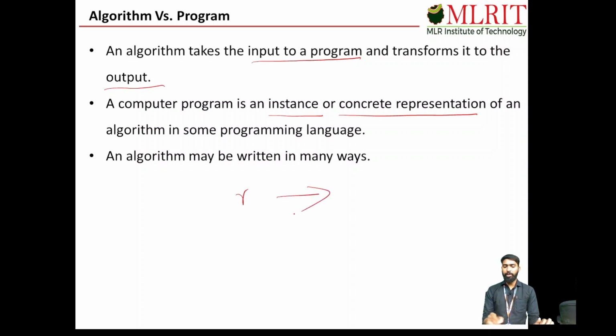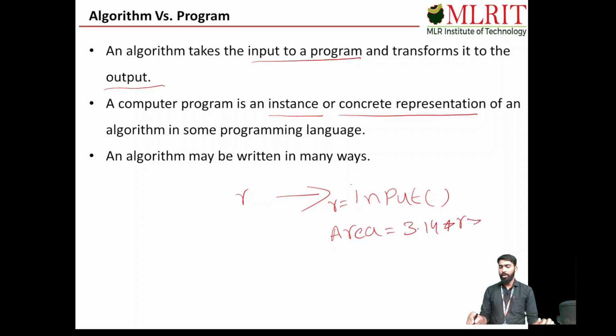If I write the program in Python, then I write r equals input, area equals 3.14 into r square, pi r square. Now I am going to print the output, print area, that's it.